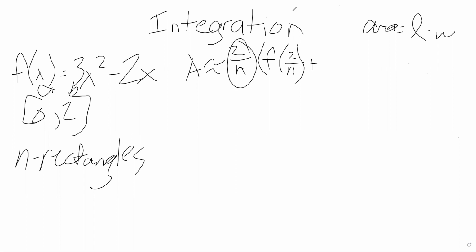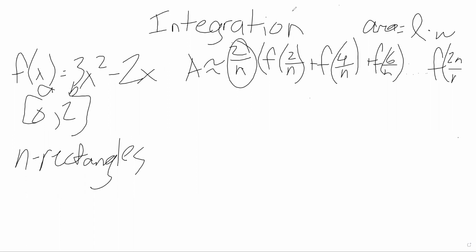Okay, and then we're going to just keep adding on the base width. So it's going to be f of 4 over n plus f of 6 over n, so on, so on, till you get to f of 2n over n. A good way of double checking yourself is that if this was arithmetic, these two n's would cancel out and you're left with the 2, which is exactly what our b value is.